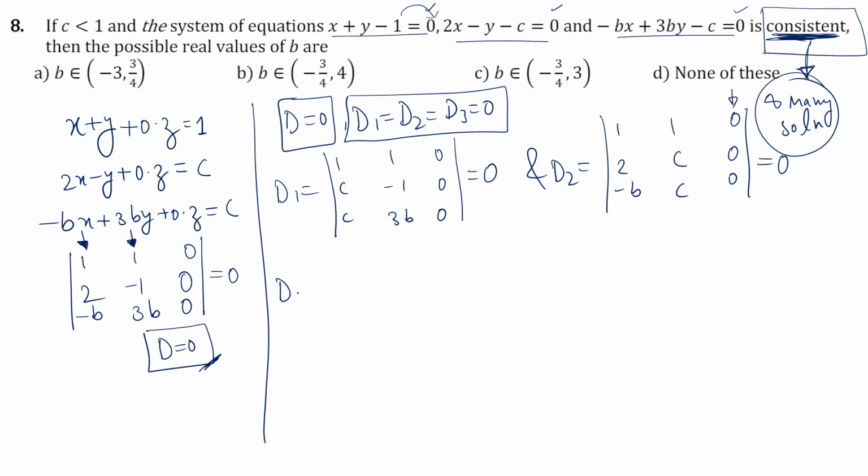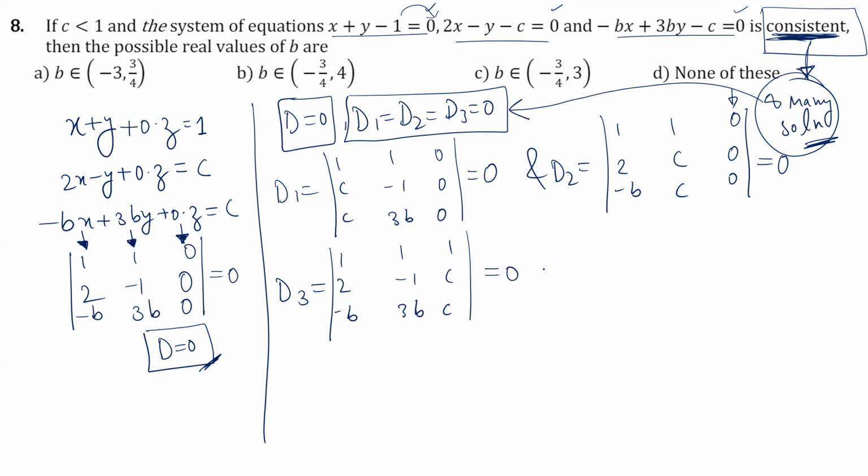Let us check now D3. In D3, there will be an interesting case because here you replace the 0, 0, 0 with 1, c, c, and the rest will be the same: 1, 2 minus b, 1 minus 1, 3b. And this should be 0 for infinitely many solutions, because this is the condition for infinitely many solutions.